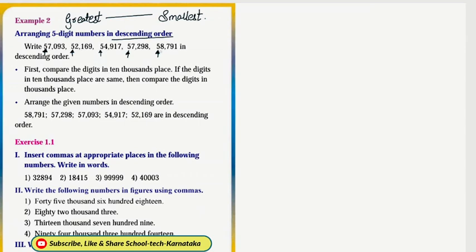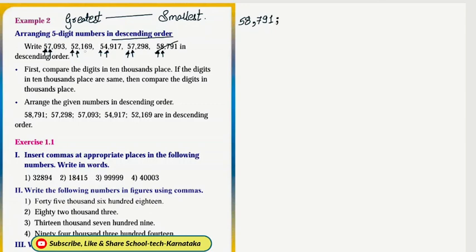Since they all are equal, we move to the thousands place. At the thousands place, here we have 7, here we have 2, here we have 4, here we have 7, and here we have 8. If we compare these digits, 8 is the largest. So we write 58,791.